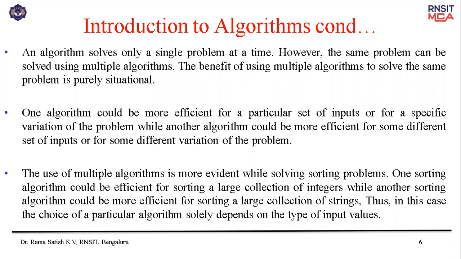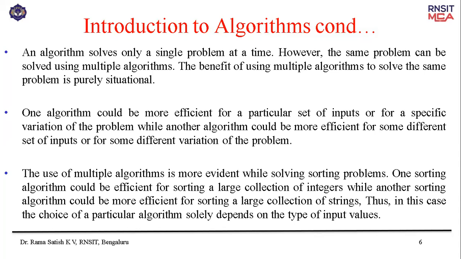So one algorithm could be more efficient for a particular set of inputs or for a specific variation of the problem, while another algorithm could be more efficient for some different set of inputs or for some different variations of the problem. The use of multiple algorithms is more evident while solving the sorting problem.